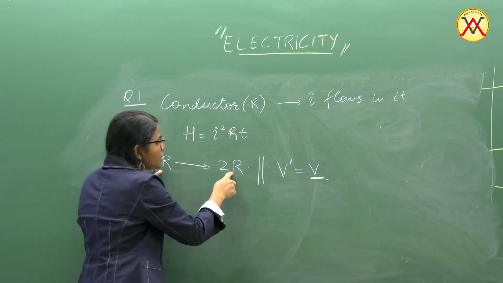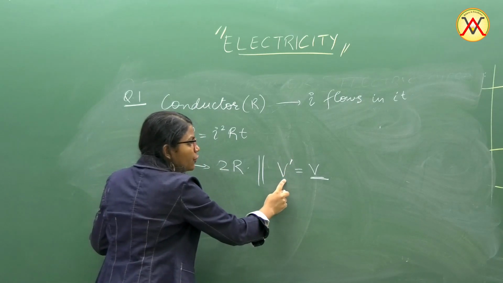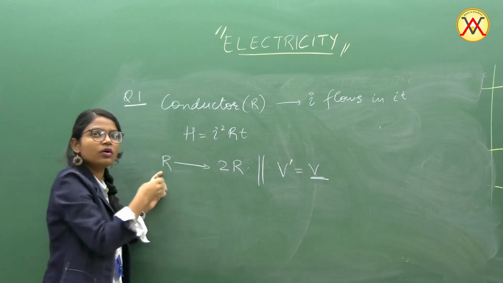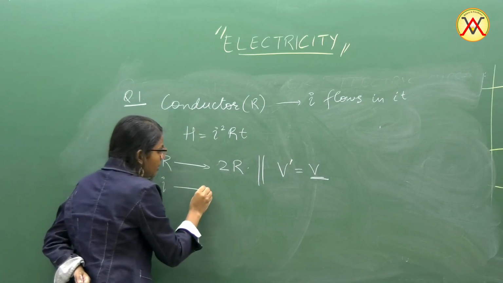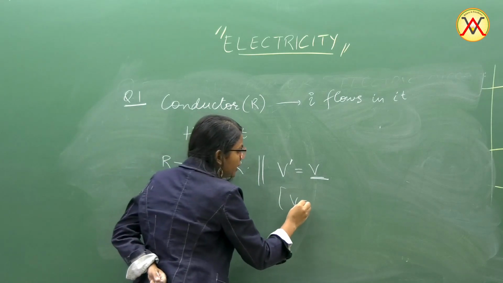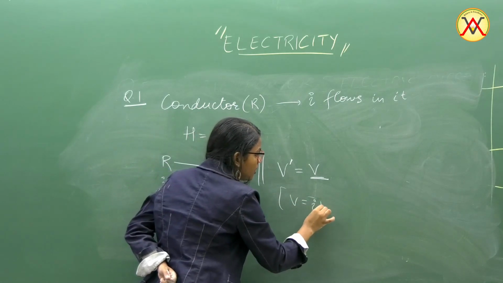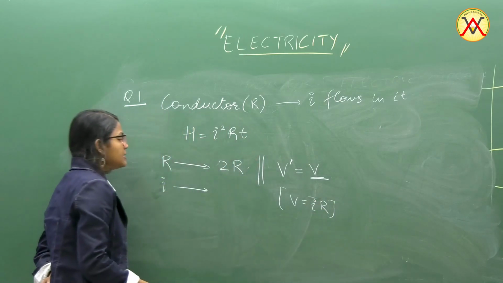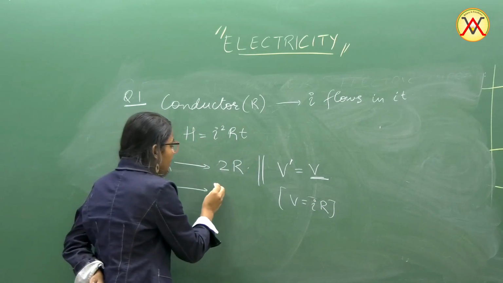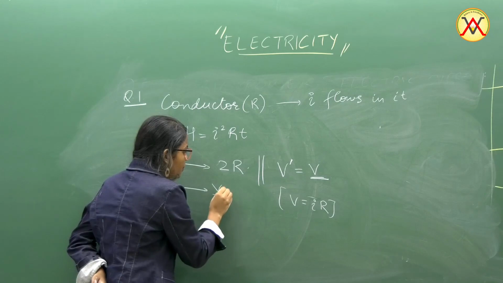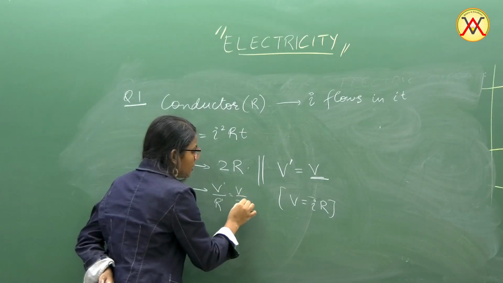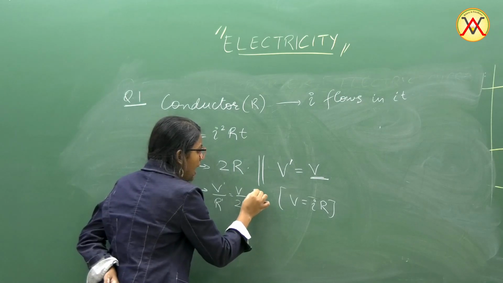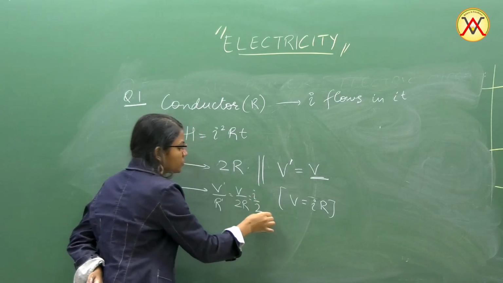When R is changed to 2R but the new V is the old potential difference, then by the relation V equals IR, your current becomes V dash by R dash, which is I by 2.